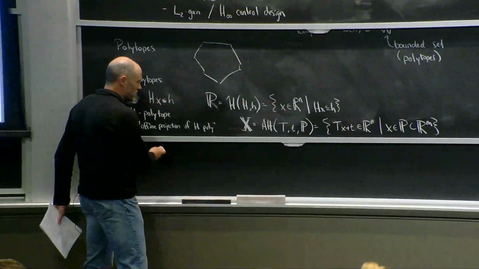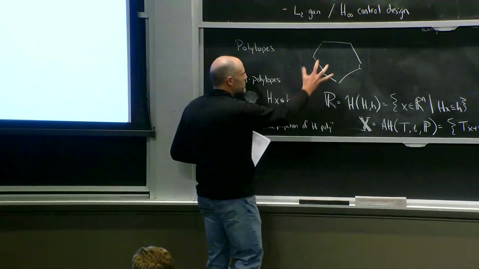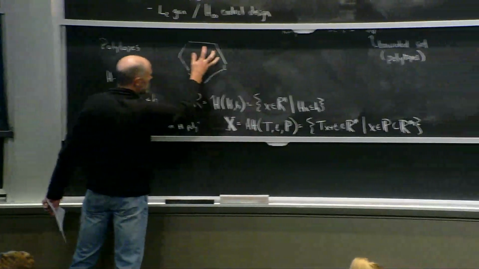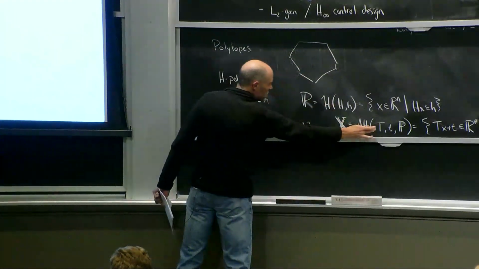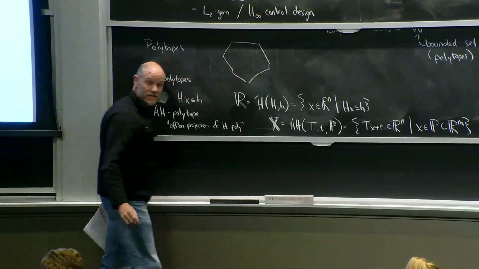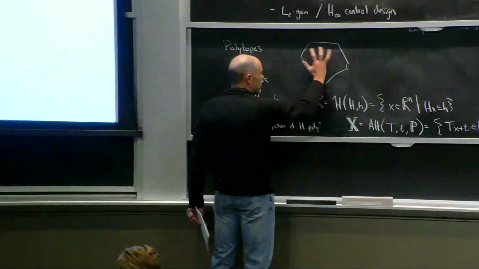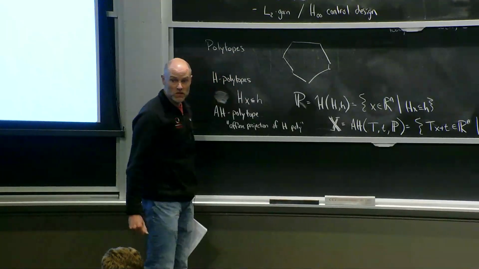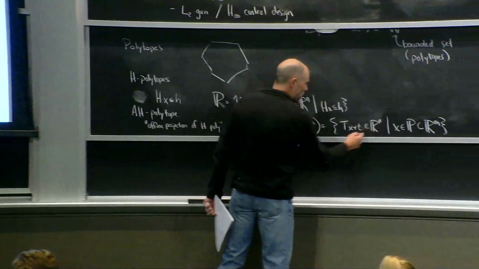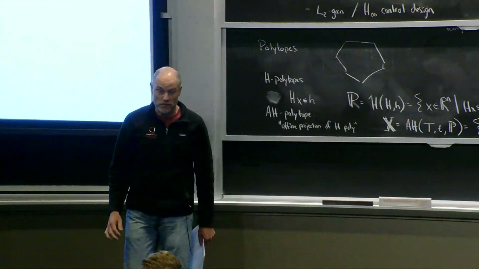Let me write it, and then we'll think about it for a second. It's what you'd expect: take this polytope. You're allowed to move it with a little t, a vector. I'm going to shift it, and potentially shear it or rotate it with a matrix T. So take this and allow it to go through some affine transformation. I'll take the original polytope, take any point in it, and multiply it by that transformation.